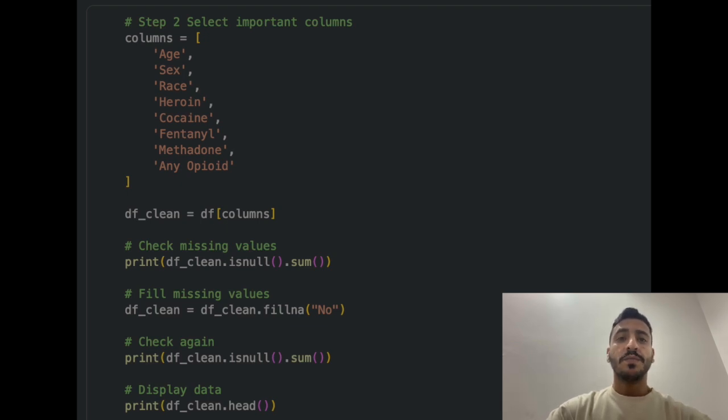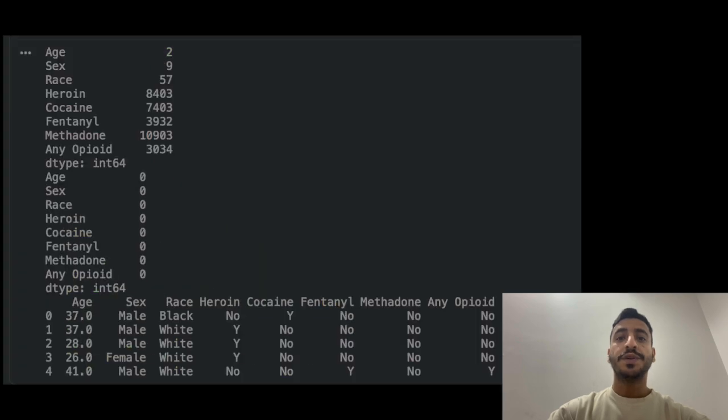This is important because it removes unnecessary data and focuses only on features that contribute to the analysis, which improves model performance and reduces complexity.